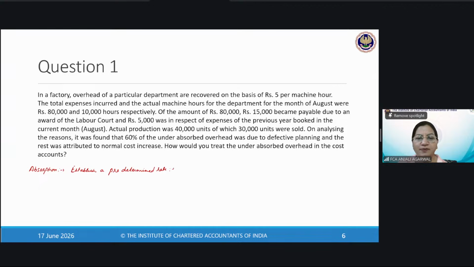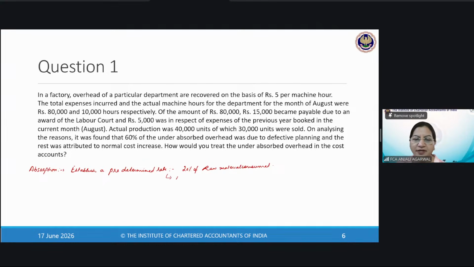Like you've been working for the past 3, 4 years, and you have realized that your extra expenses or indirect expenses are always 20% of raw material consumed. So here you have taken the basis as raw material. So you have to establish a predetermined rate.